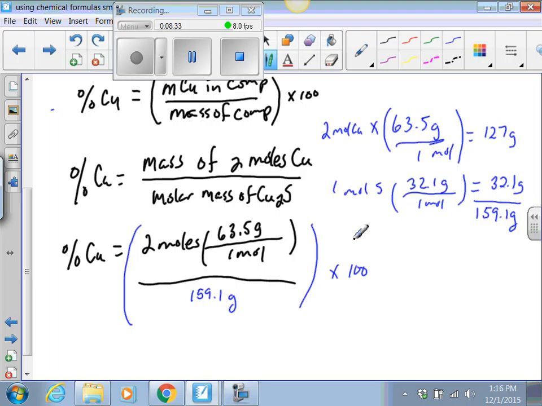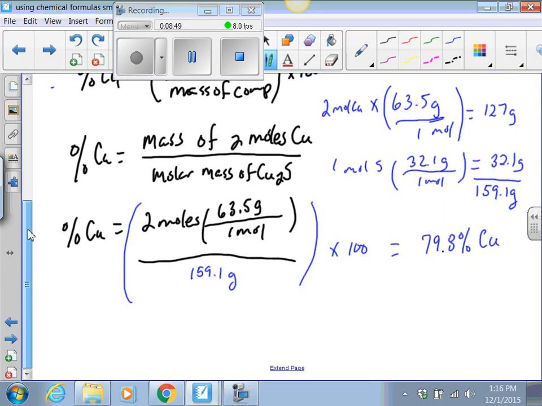So as we do this division, 2 times 63.5, and then divide by 159.1, multiplied by 100, that gives 79.8% copper. That's one of our answers.